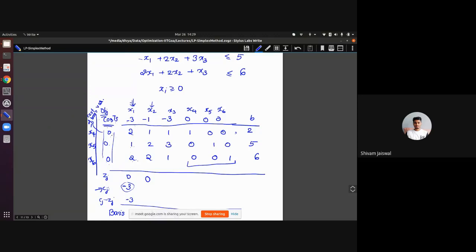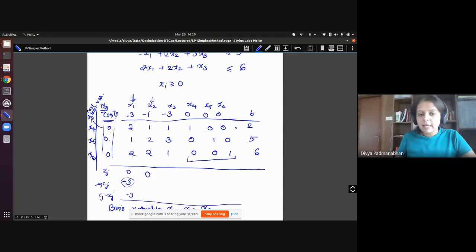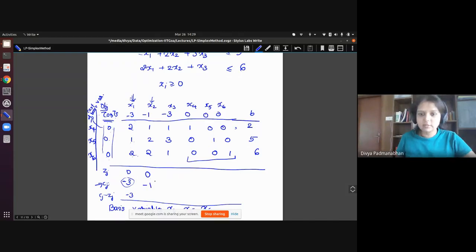Coefficients are 0, cost is 0. So you just take 0 times 1, 0 times 2, and 0 times 2. So that gives 0. And the Cj is what for this column? Minus 1. Yes. Good. So now this difference is going to be just minus 1, the difference between Cj and Zj.